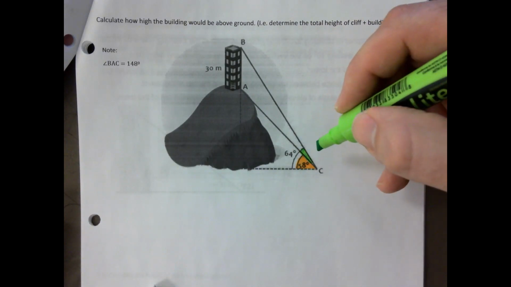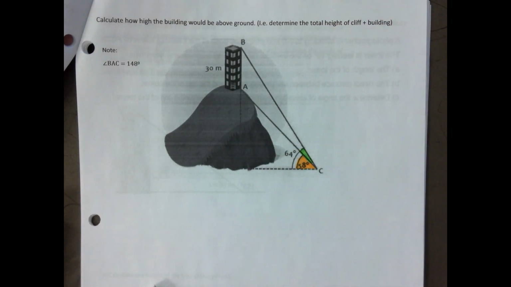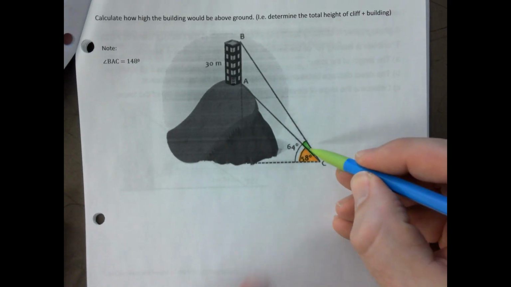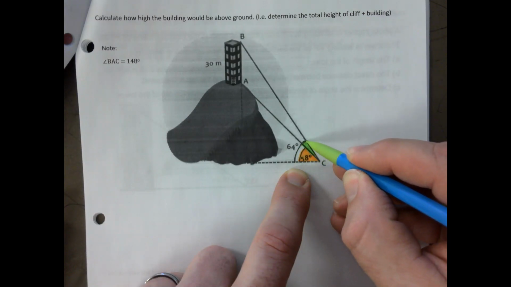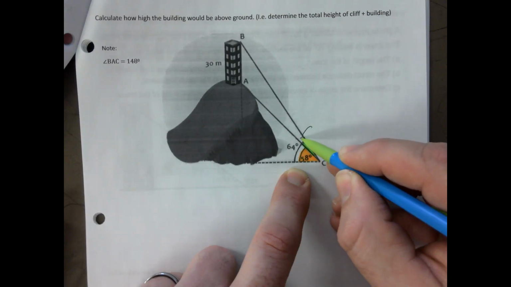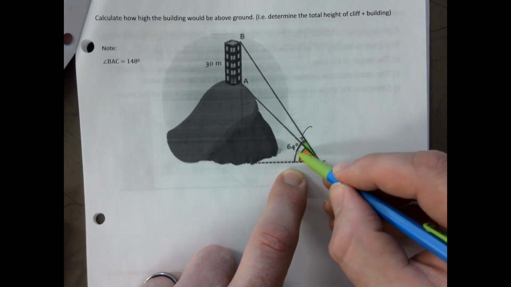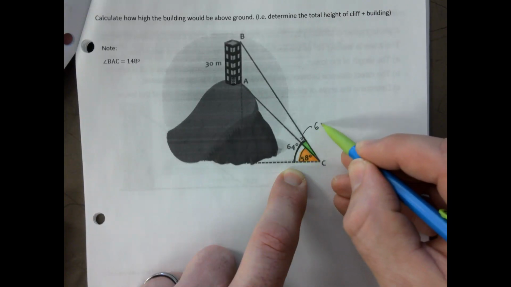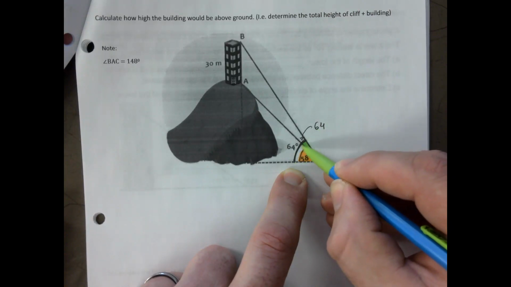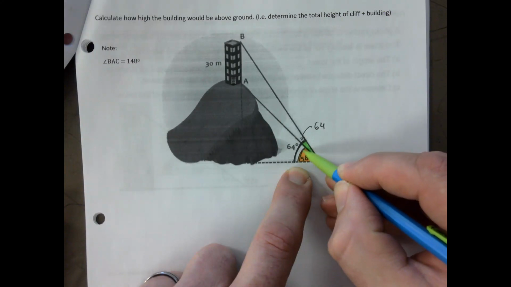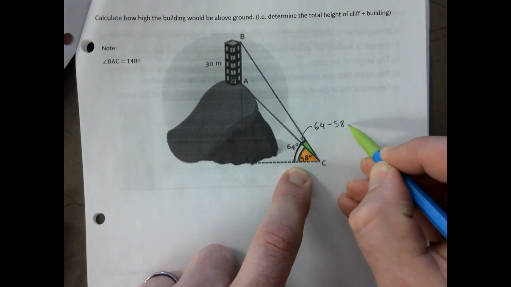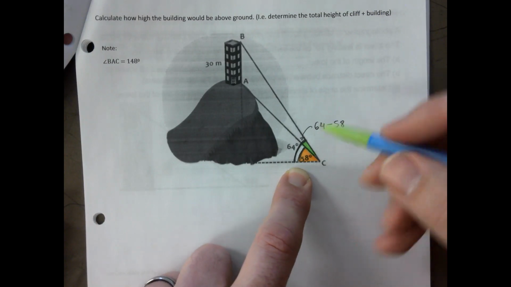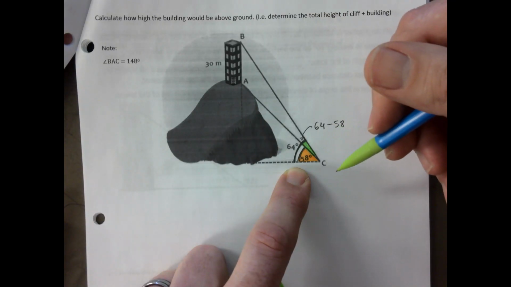And I'm telling you, it's not 64. 64 is from down here all the way to this line here. So how would you find that wedge right there? You take 64, right? That big angle, then you're going to take 58 away from it. You're left with the wedge. Does that make sense? You've got to tell me it makes sense, or else I can't move on.